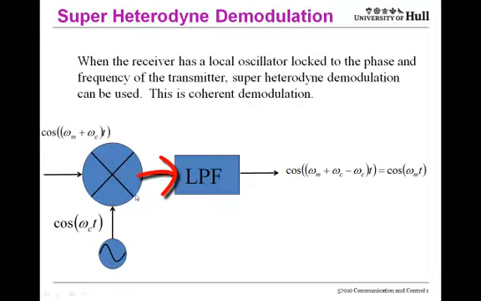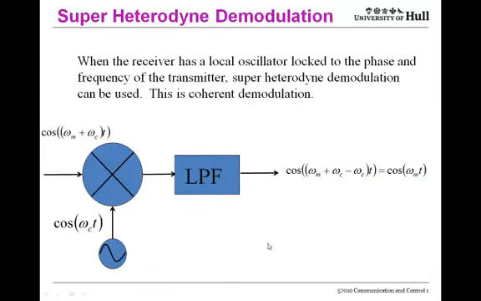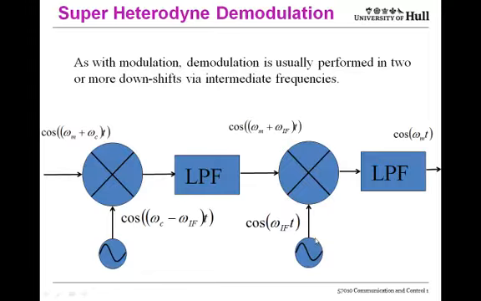We have an oscillation at the sum frequency, which is at the message frequency plus twice the carrier frequency, and we also have an oscillation at the difference, which is at the message frequency plus the carrier frequency minus the carrier frequency, i.e. at the message frequency. So the low-pass filter gets rid of the stuff at twice the carrier frequency and gives us the baseband signal that we wanted. Just as in transmitters, it's normal to do this in two stages.